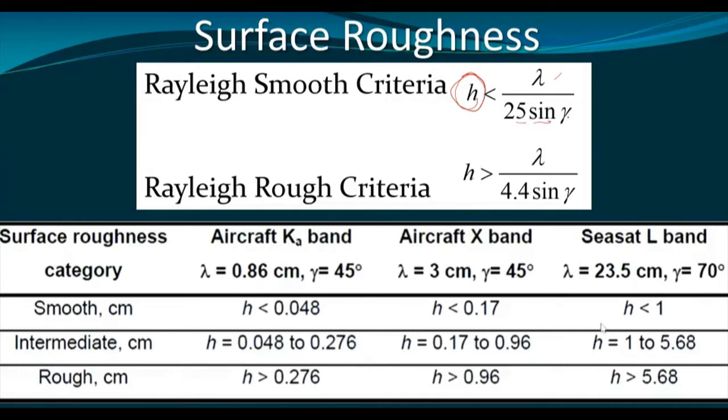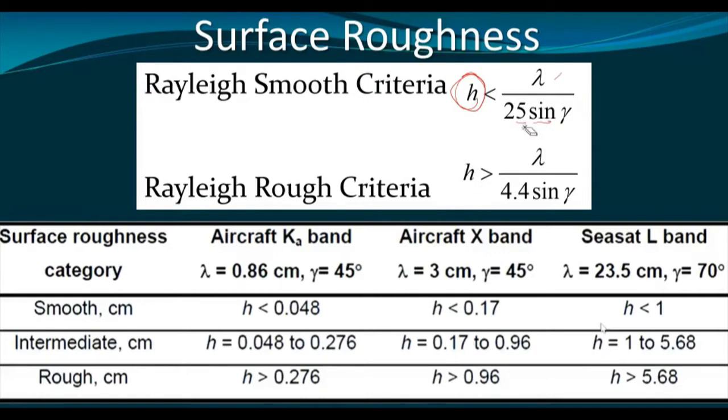Gamma is the incidence angle, I mean the angle at which the energy is coming. Now see, for the rough, what is the rough criteria? In case of rough criteria, the height variation on the terrain is greater than this formula. Again, lambda is the wavelength divided by 4.4 sine gamma, where gamma is the incidence angle.